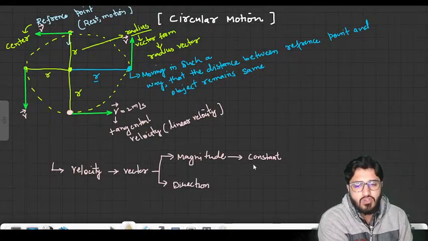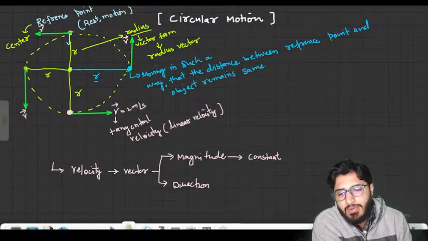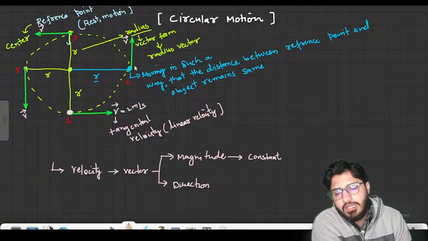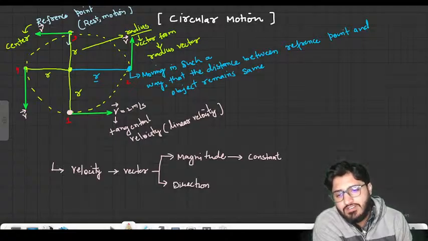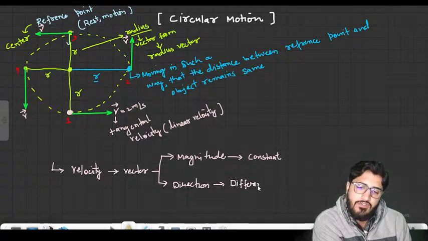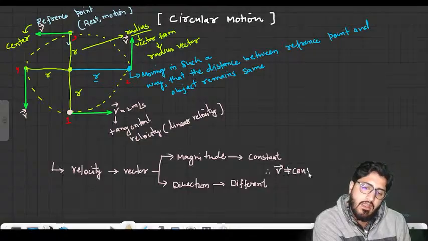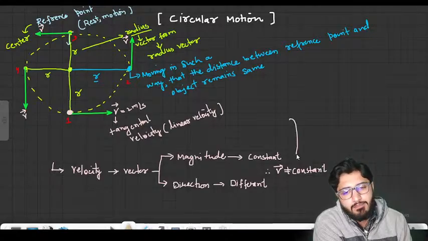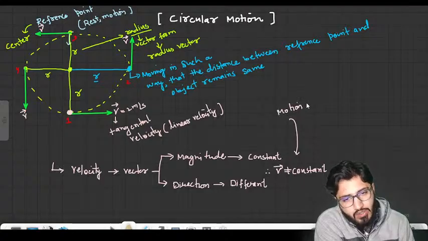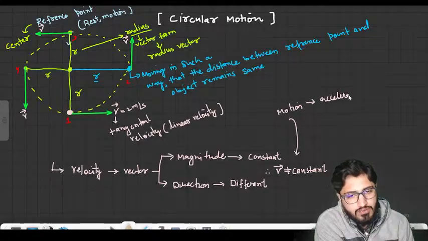Let us suppose my magnitude of velocity is constant. But as you can see from this figure, at the first point, second point, third point or fourth point, the direction of velocity is always different. So velocity is not constant, and that particular type of motion is known as accelerated motion.